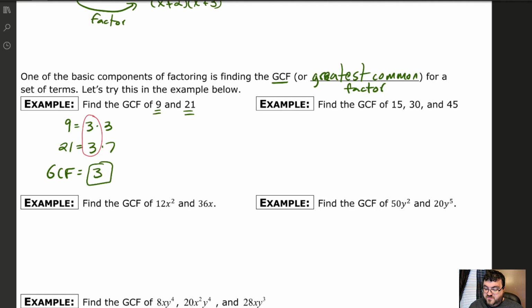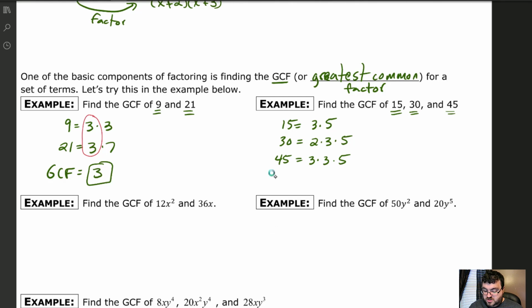Okay, if you have 3 numbers like 15, 30, 45, you do the same thing. You can break each one of them down. 30 is 2 times 15, which we already know 15 is 3 and 5. And then 45, I know 9 goes into 45. 9 is 3 and 3 right there, 9 times 5 right there.